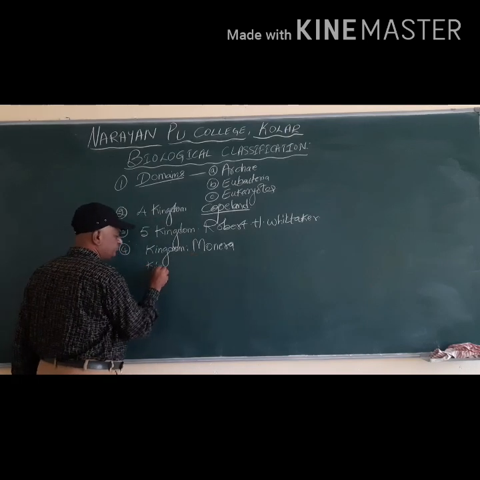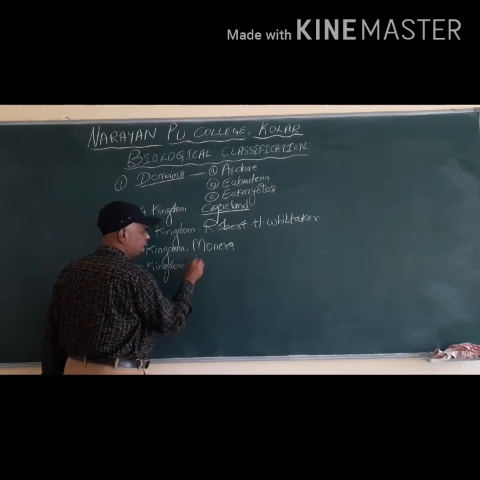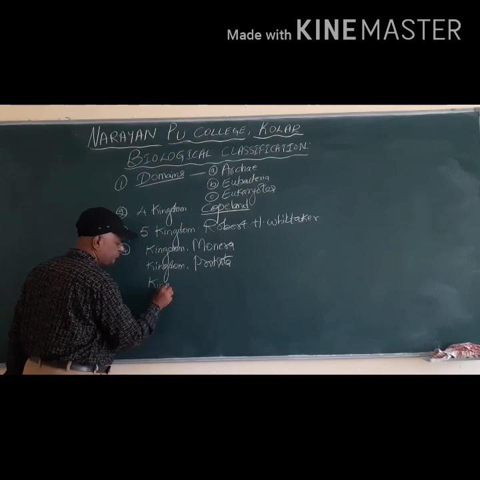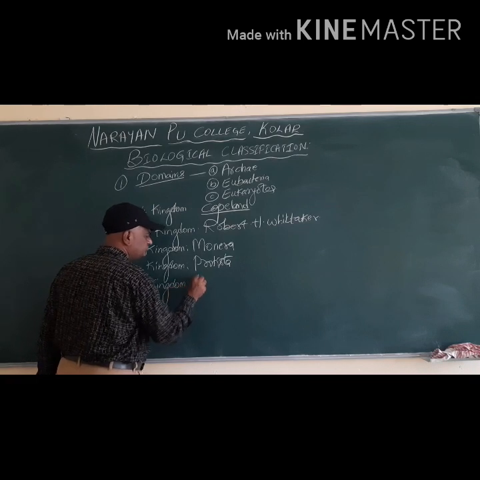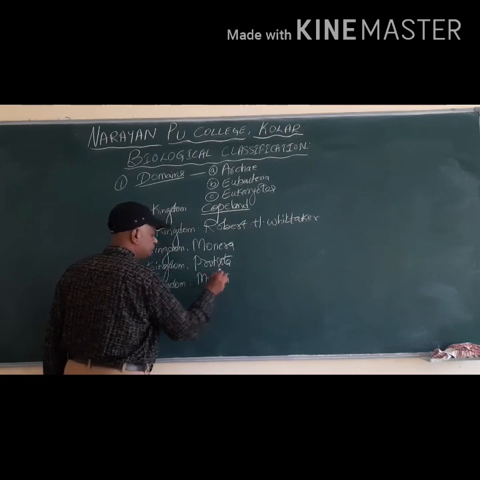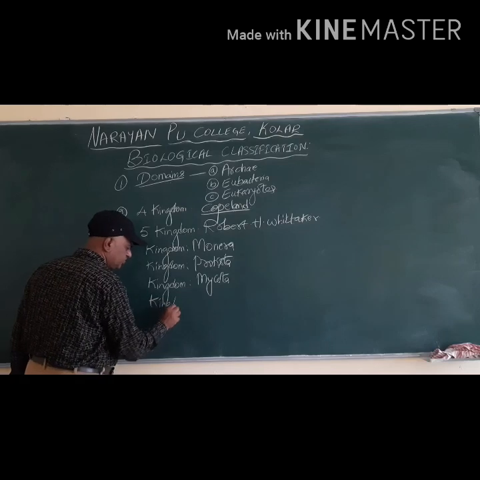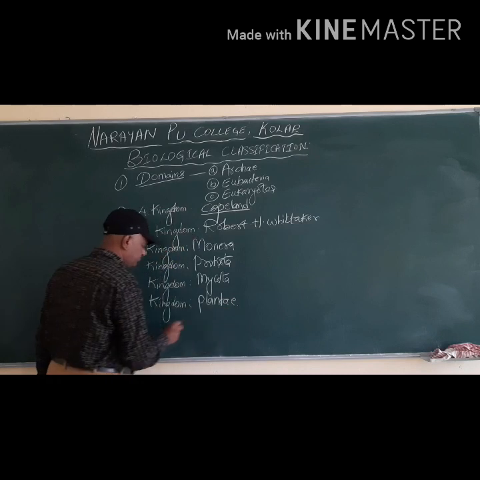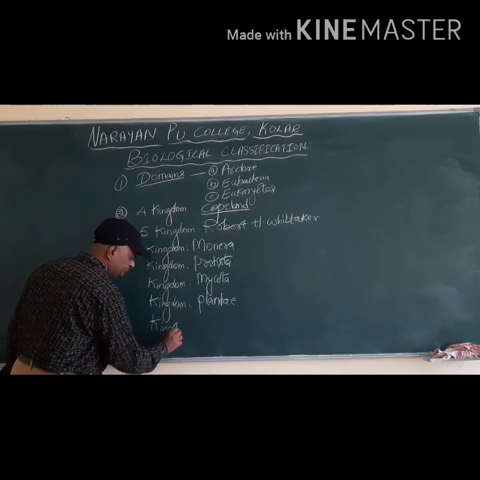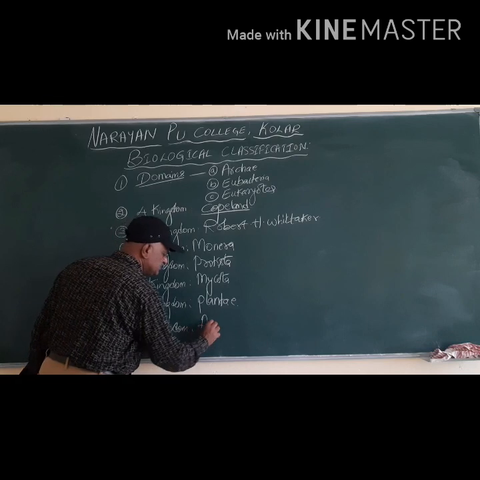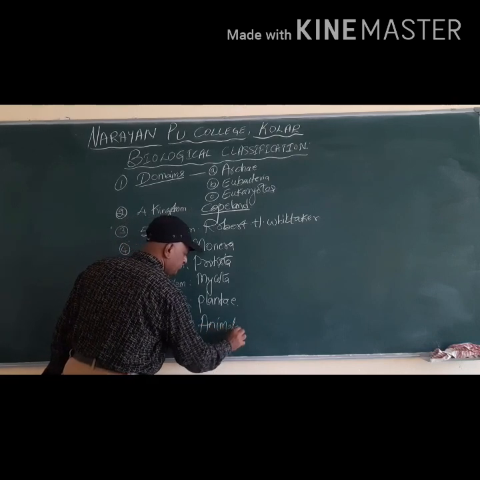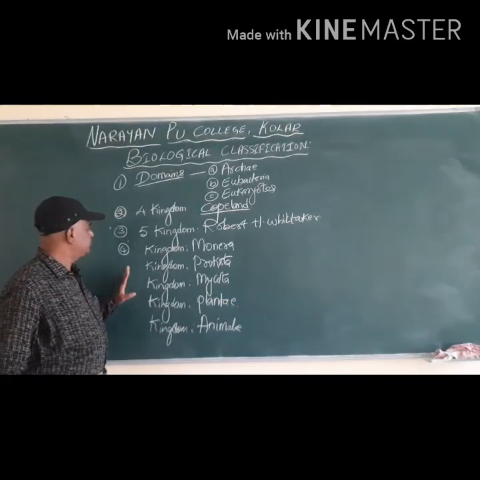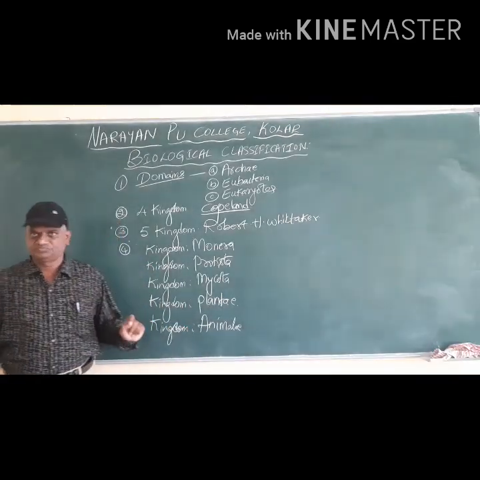The second one is kingdom Protista, and the third one is kingdom Mycota, and the fourth one is kingdom Plantae, and the fifth kingdom is called Animalia. So this is called the five kingdom classification.